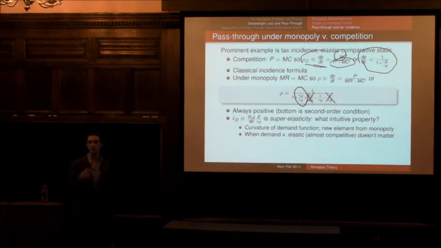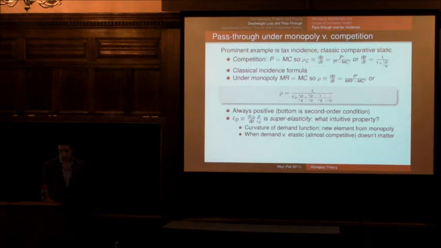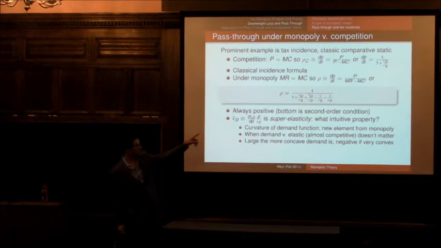So that's a sense in which there's an agreement between the perfectly competitive and monopolistic analyses of pass-through. However, when demand is not so elastic, it's going to be very important what the curvature of demand is. The more concave demand is, the smaller pass-through is going to be. The more convex demand is, the larger pass-through is going to be.